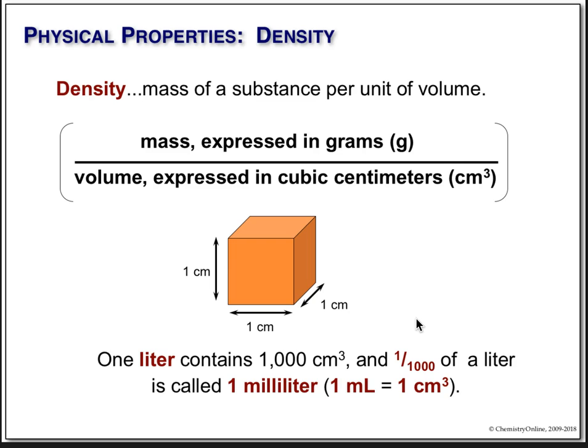The abbreviation for liter is an uppercase L. 1/1000th of a liter is called a milliliter. Remember, milli is 10 to the minus 3. And that's exactly the same volume as a cubic centimeter. In lab, we will typically use milliliters to measure liquids and centimeters or cubic centimeters for solids.